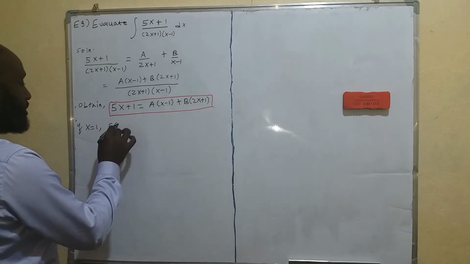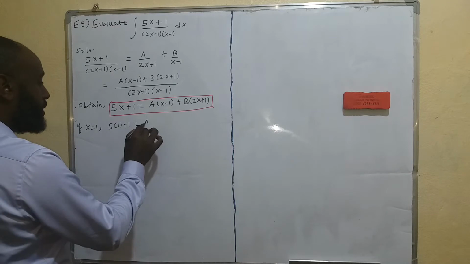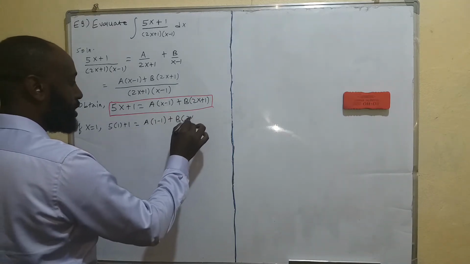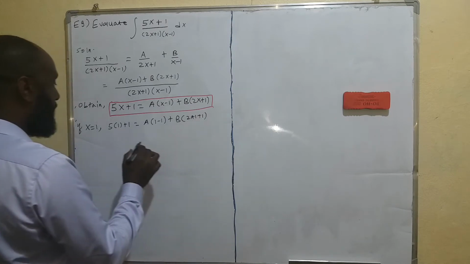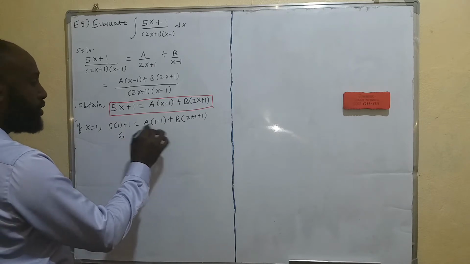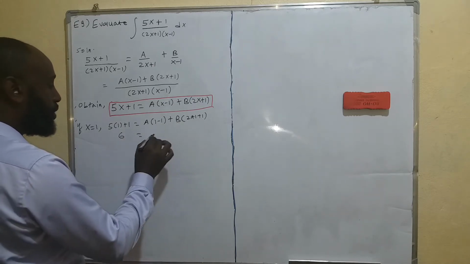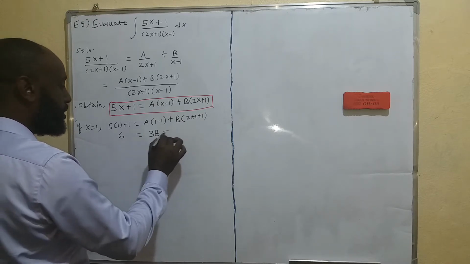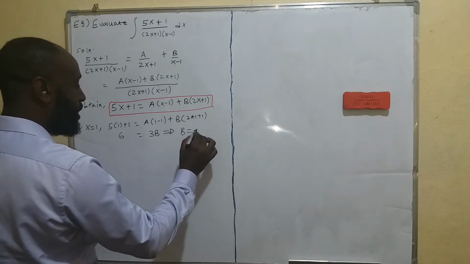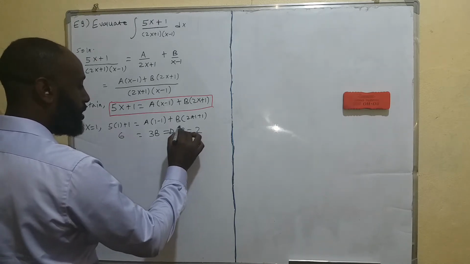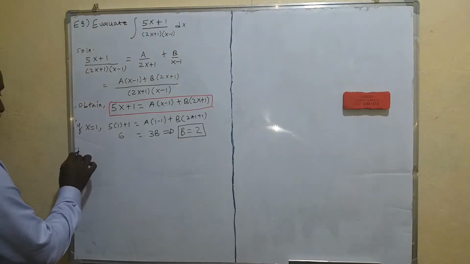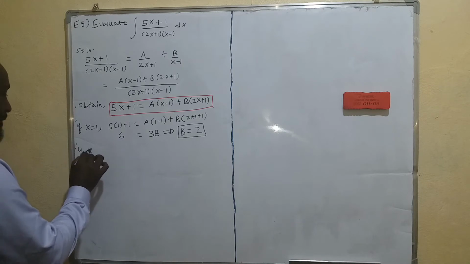So this is 5 times 1 plus 1 equals A times (1 − 1) plus B times (2 times 1 plus 1). 5 times 1 is 5, 5 plus 1 is 6. 1 minus 1 is 0, 0 times A is 0. 2 times 1 is 2, 2 plus 1 is 3, so this is 3B. Dividing both sides by 3, we get B equal to 2.